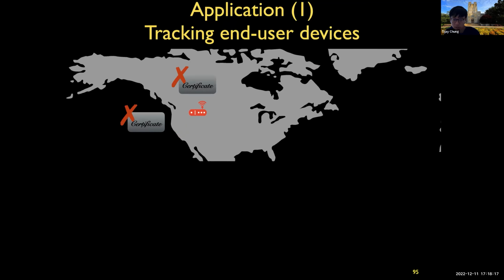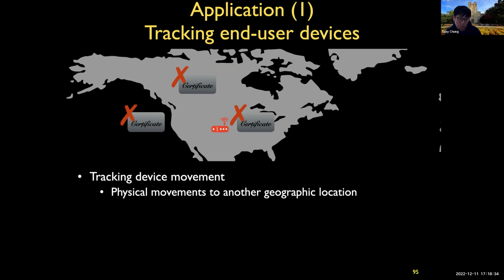So of course, as I mentioned before, one application would be tracking end-user devices. We can group multiple certificates together, and since the IP address changes over time, we can track users' device movement, right? Typically, whenever physical movement to another geographic location happens, the IP address changes so that we can estimate the location.